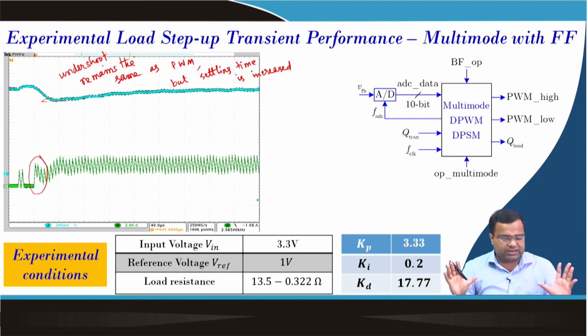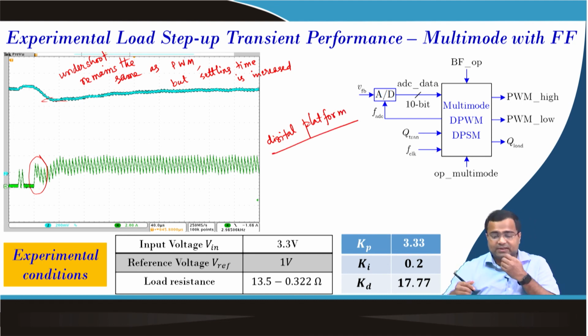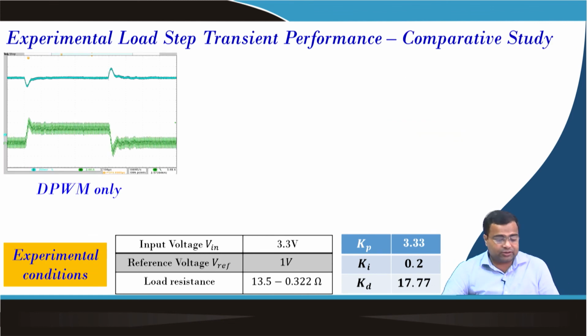So, that is one of the most important parts. That means, this feed forward term is an offset term, and the digital platform will allow it. So, any transient, if you can detect it and add an offset term to quickly ramp up, that is possible. Now, we are showing the comparative study.